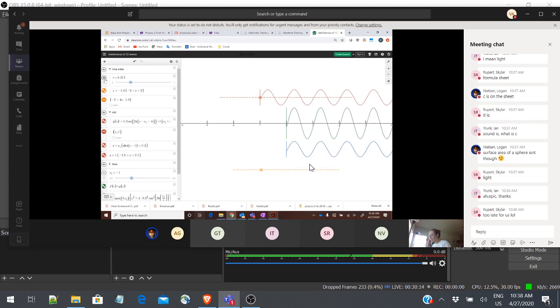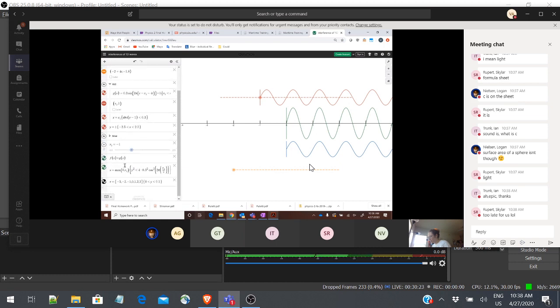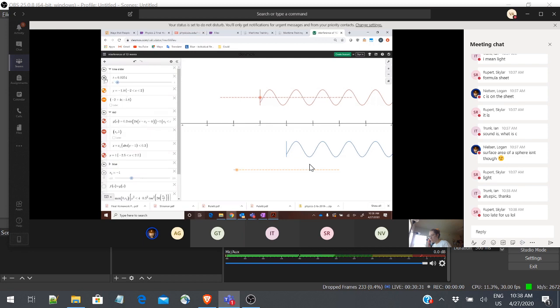So this is interference, which is sort of just a lot of stuff. If you think about an individual point, it's going to be the time between one crest and the next crest, right?